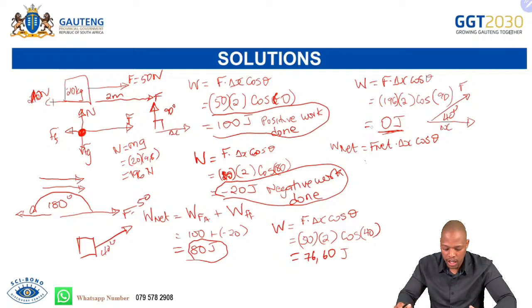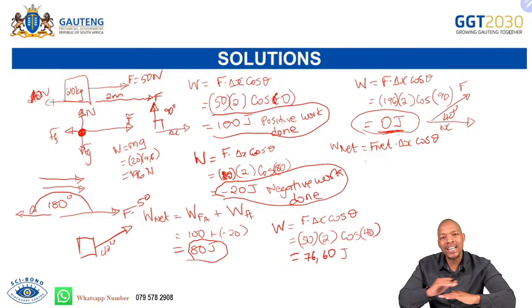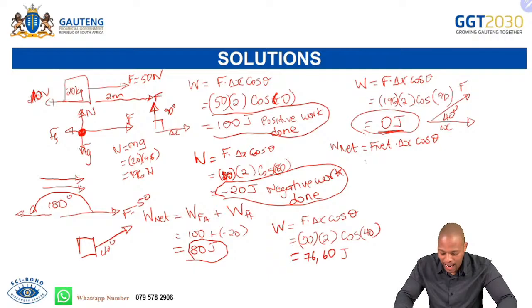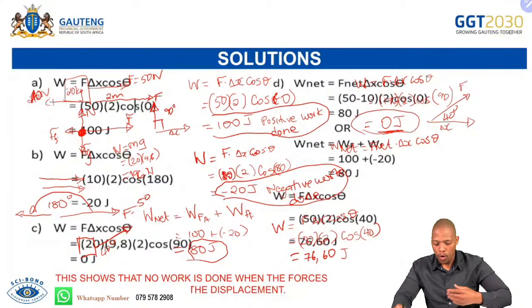Then, if it happens that your force is perpendicular to displacement, no work is done there. And that is the one, or the most important things that you need to know when dealing with work done.